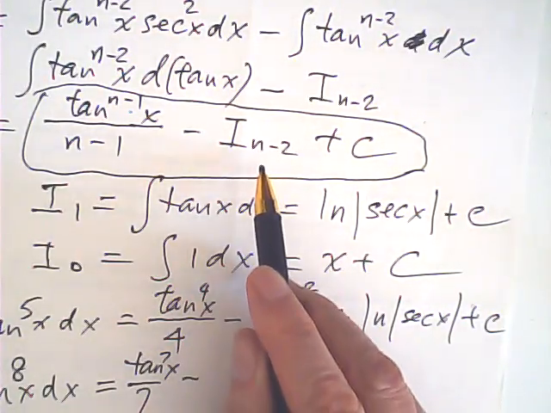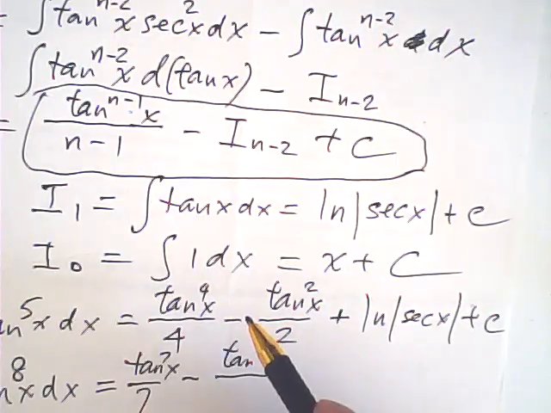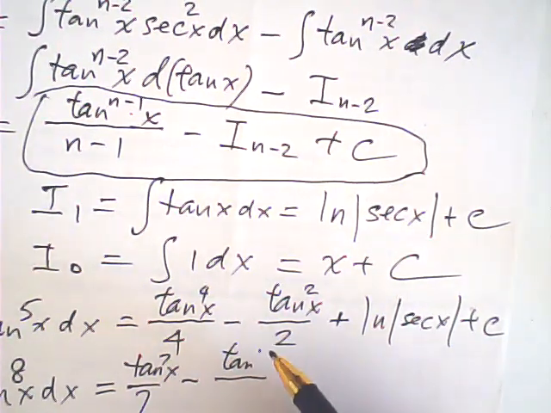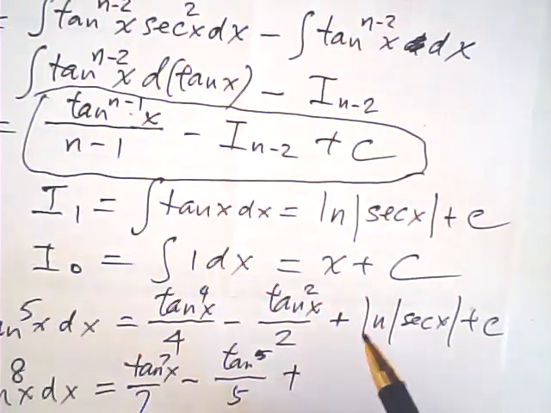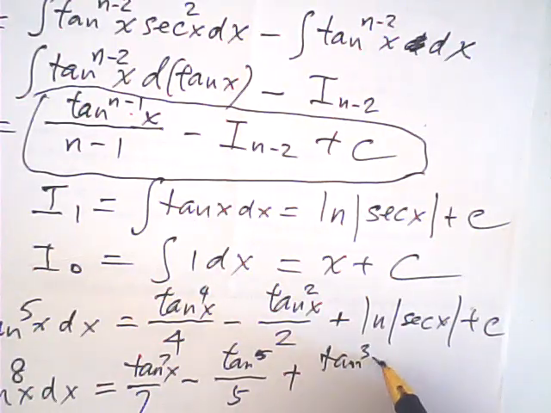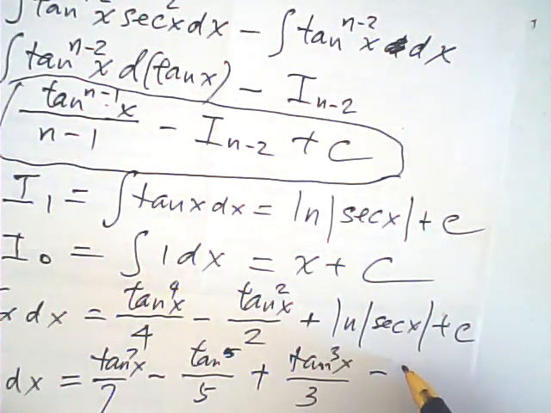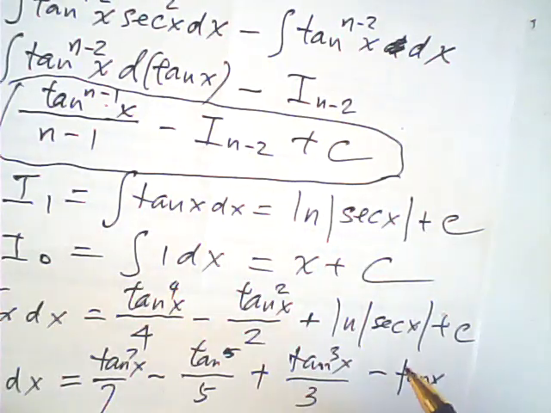Minus, this will be tangent fifth, 1 over 5, then plus tangent 3, then tangent 1, and tangent 0.